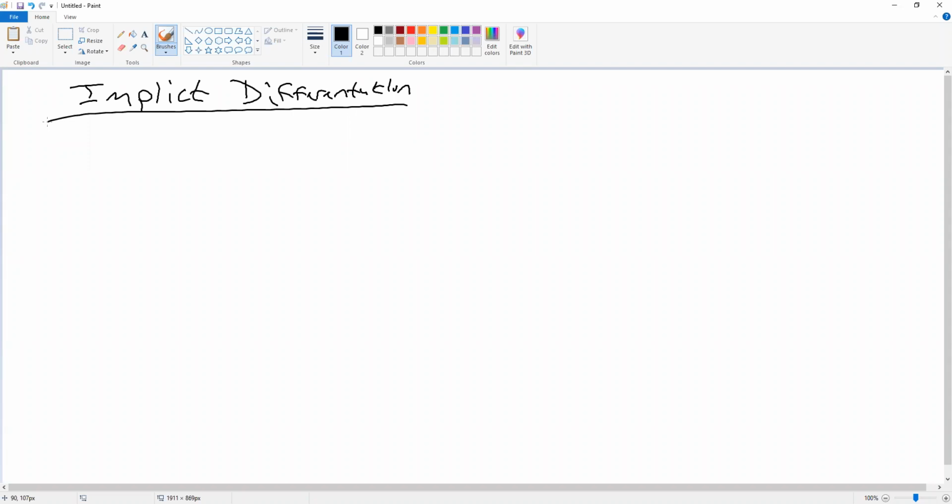Now, in this world, the dependent variable is going to be z or w or some other variable. We just need to identify the dependent variable, and then we can do everything that we did before. We get our y prime, or in this case a z prime. We're going to solve for z prime and just play with it. So we'll do one example together, and then of course I'll have another example.